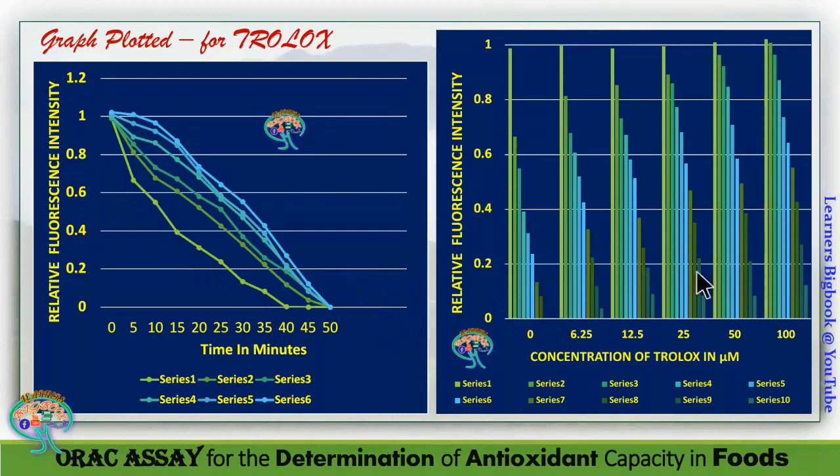So here you can see this will be the blank, and all these other 5 will be the Trolox. So here you can see at the F0, and further F5, F10, F15, F20, 25, 30, 35, 45, like this. Whatever the F0 is present, it is showing the high peak, similar to the others, the fluorescence.